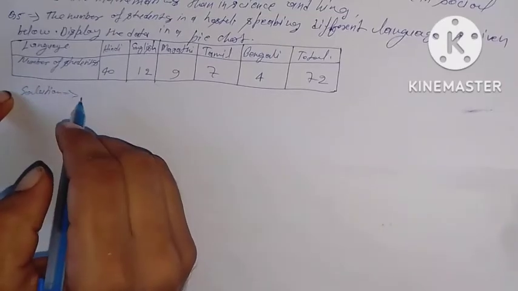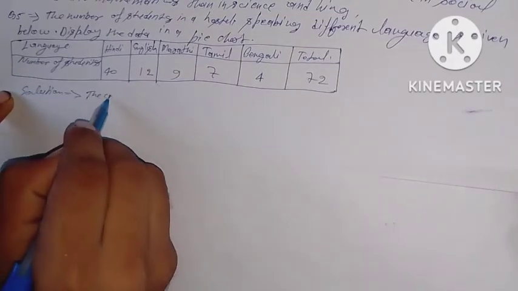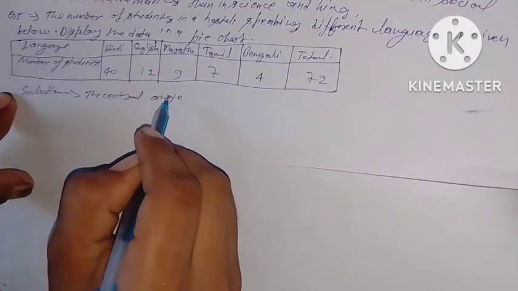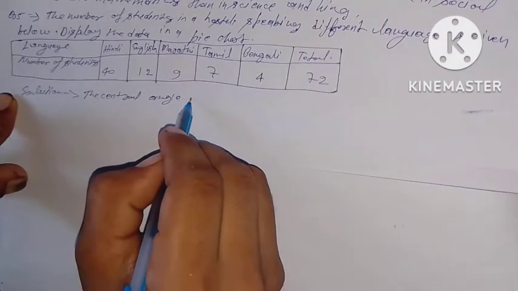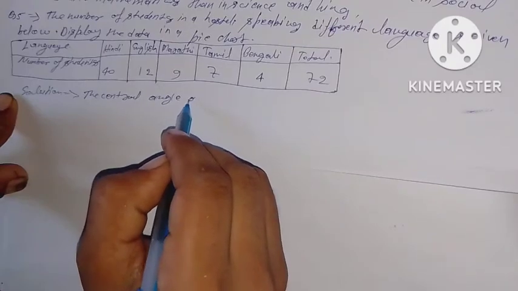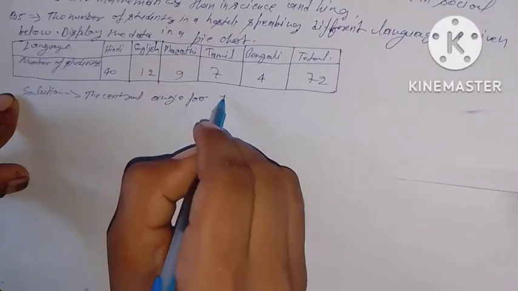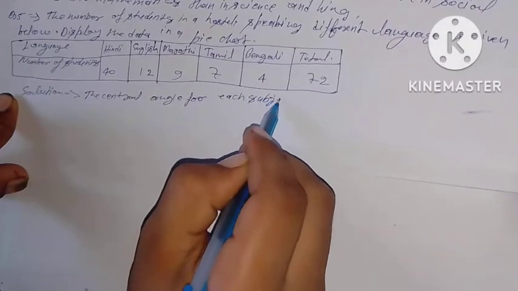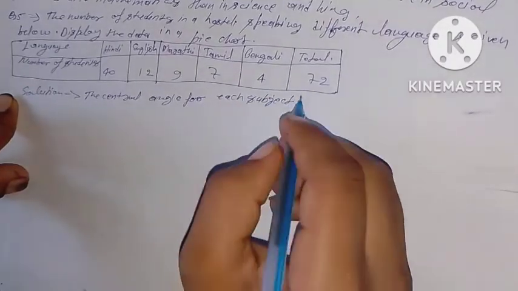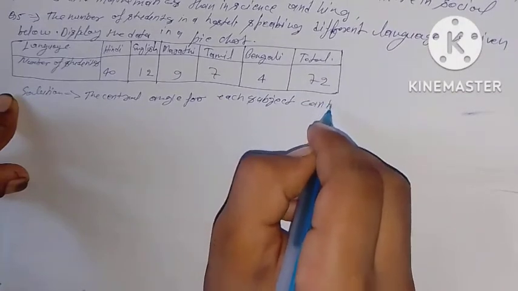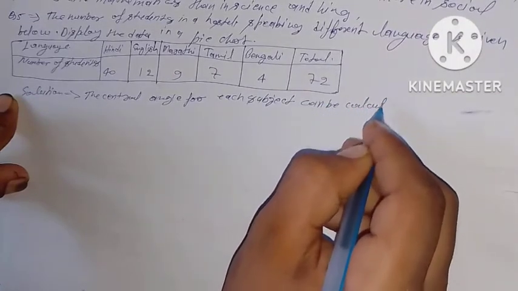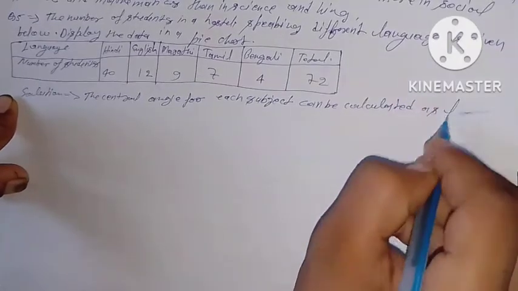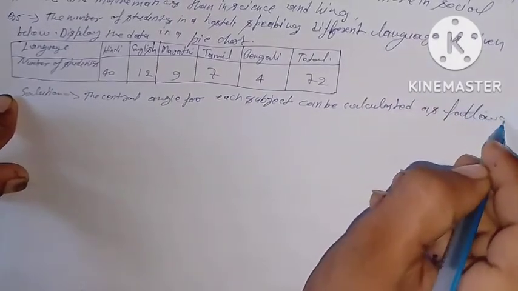Solution. The central angle for each subject can be calculated as follows. Okay.